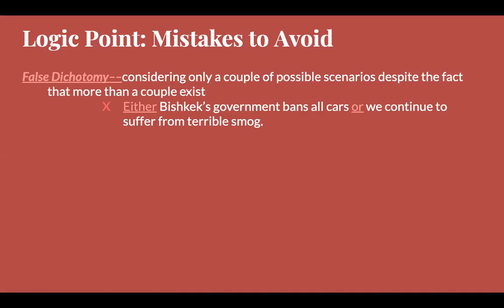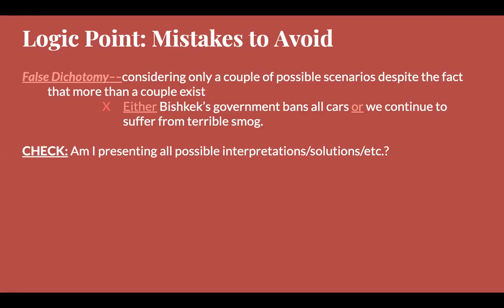So as you're talking about solutions to a problem or interpretations of data, make sure that you're not just presenting two or three when many reasonable ones exist, right? I'm not asking you to include ridiculous, absurd interpretations just because they're possible, but if there are many rational positions, then presenting just two is not fair to your reader, let's say.